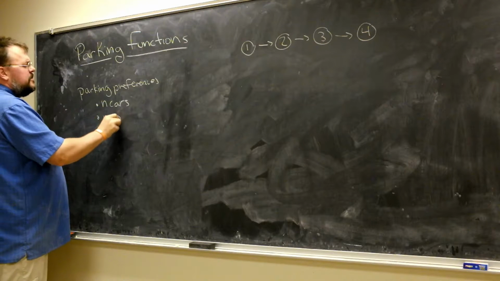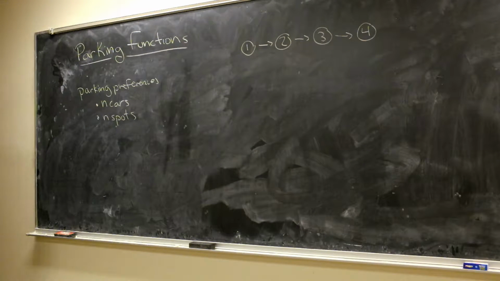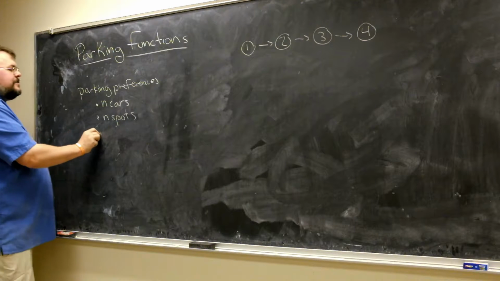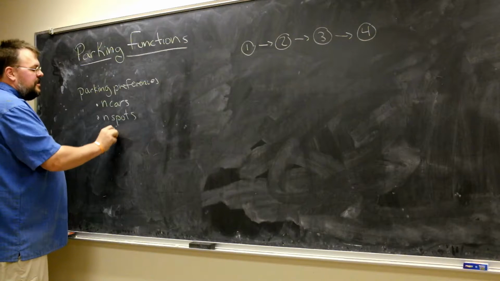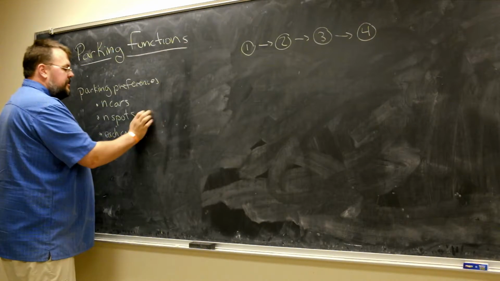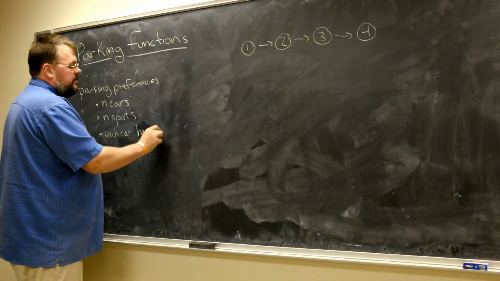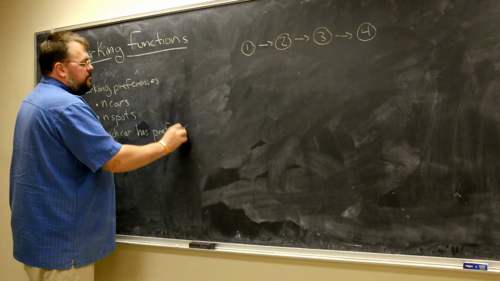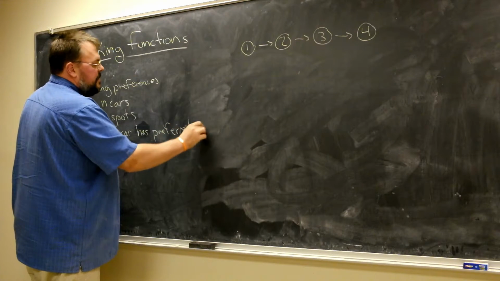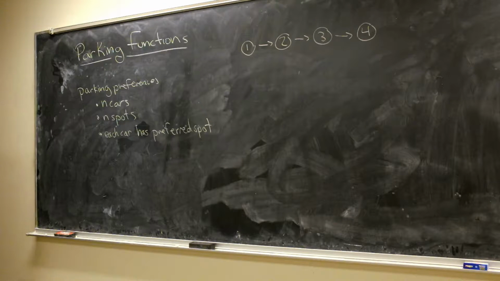So far, this is looking pretty promising because simple math says there are at least as many spots as cars. However, each car has a preferred spot. In other words, some people say, I like to park near the front, I like to park near the back, and so forth. Now, the problem, of course, is that some people might prefer the same spot, and we can't have two cars parking in the same spot.